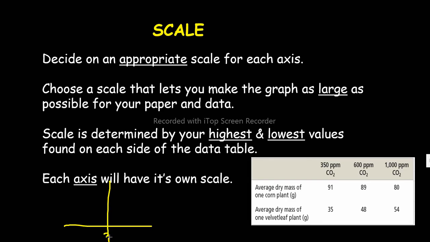It can begin with 344, and then you go to 346, and then you go to 348. It is okay. And then for this one, it can begin from 0. It is okay. Don't be confused. It is okay for a graph not to begin from 0.